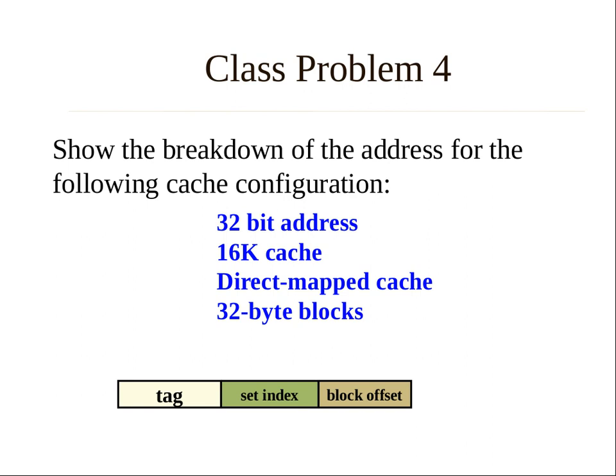500. Wait, what? 500? You're close. What's 16K? Write it as a power of 2.